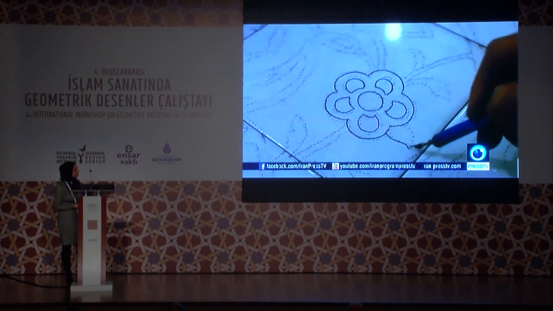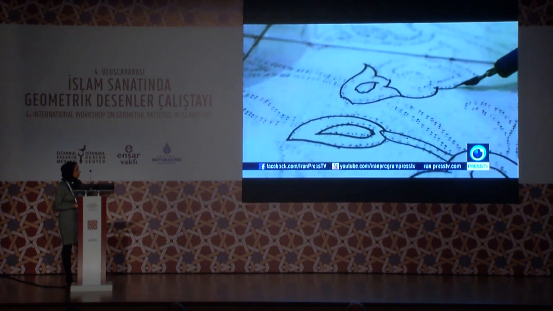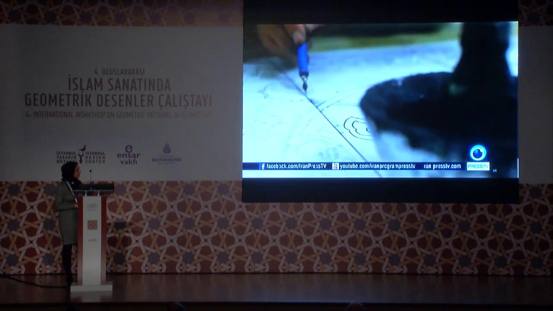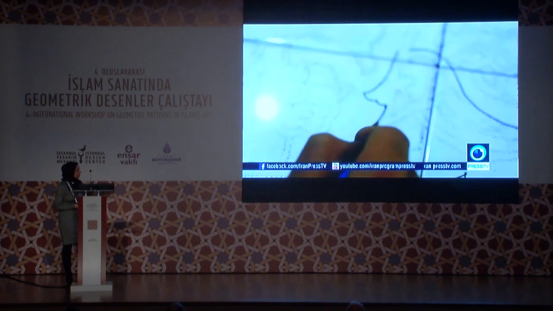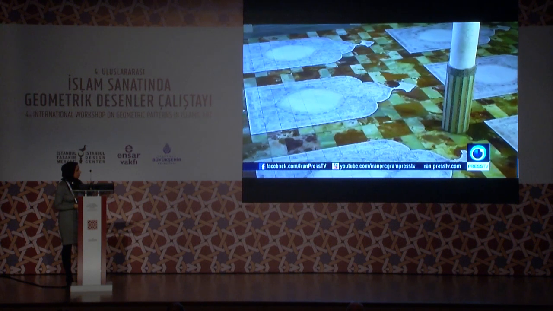Before placing the tile in a kiln, the craftsman colors them using a variety of colors. In doing so, he uses his utmost talent, knowledge, and art to put each color in its right place.